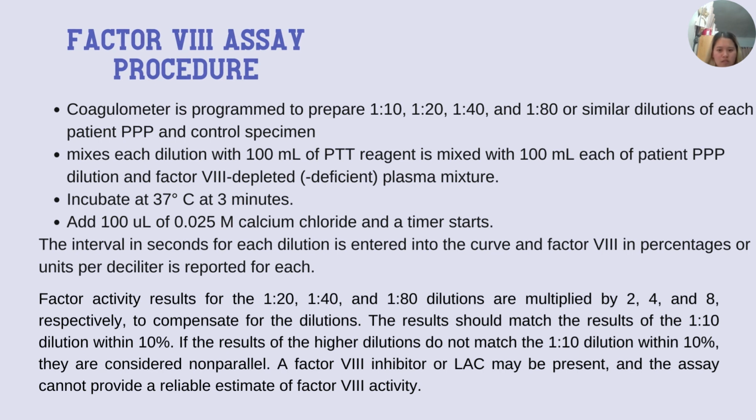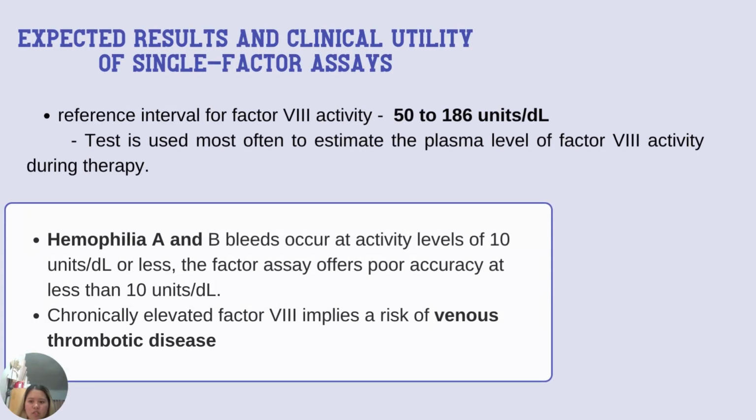The expected results and clinical utility of single-factor assays. Reference interval for factor 8 activity is 50 to 186 units per dl. The test is used most often to estimate the plasma level of factor 8 activity during therapy.